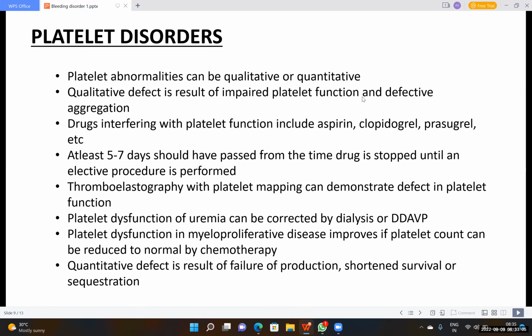We can do thromboelastography with platelet mapping to check for platelet function. Platelet dysfunction of uremia can be corrected by dialysis. Platelet dysfunction in myeloproliferative disease improves if the platelet count is reduced to normal by chemotherapy. A quantitative defect is the result of failure of production, shortened survival, or sequestration of the platelets.